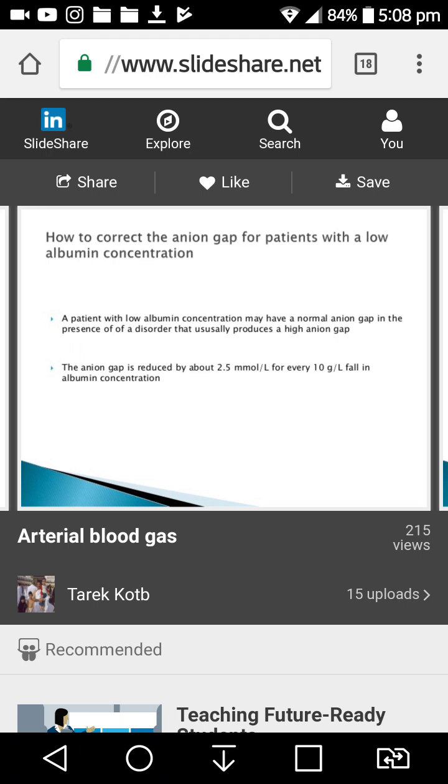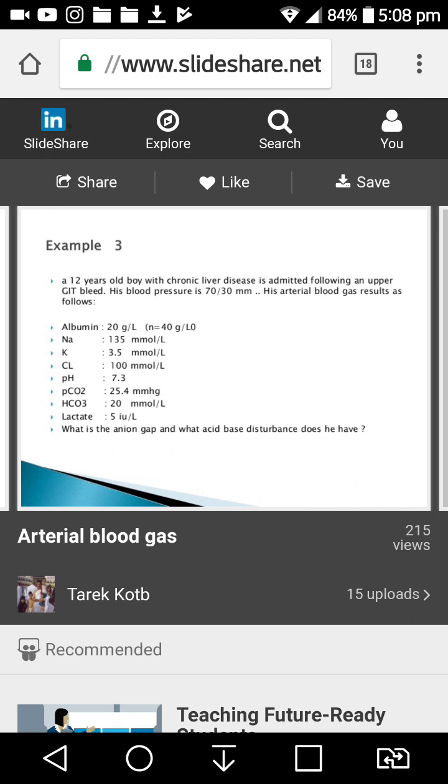Because the anion gap is reduced by about 2.5 millimole per liter for every 10 grams per liter fall in the albumin concentration. Suppose the normal albumin is 35 and you find the albumin is 25, means here 10 gram fall, so the anion gap will be reduced by 2.5 millimole.